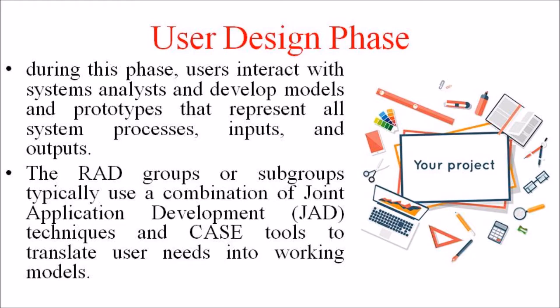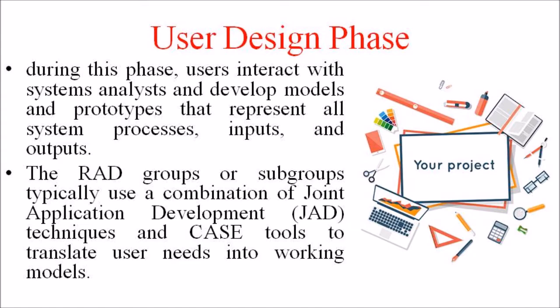The second phase is the user design phase. During this phase, users interact with the system analyst and develop models and prototypes that represent all system processes, inputs, and outputs.